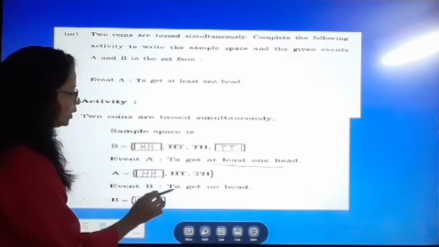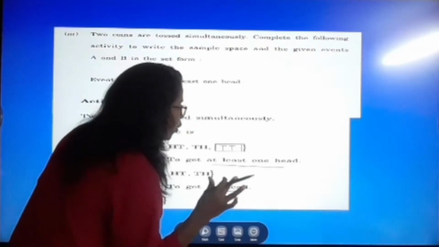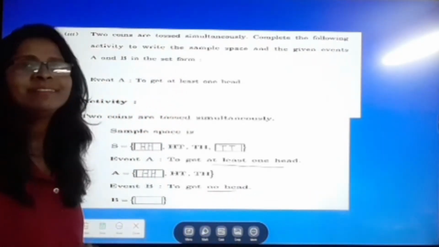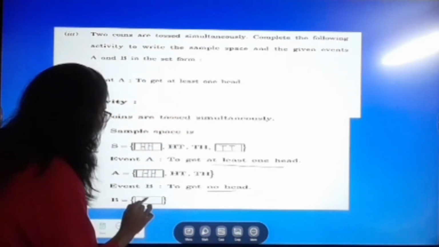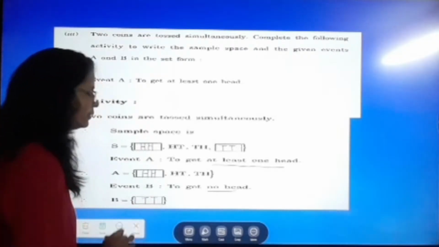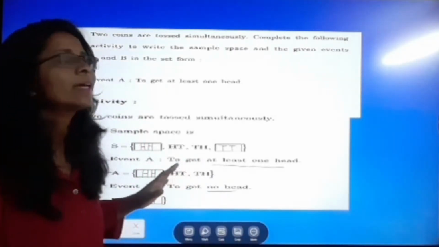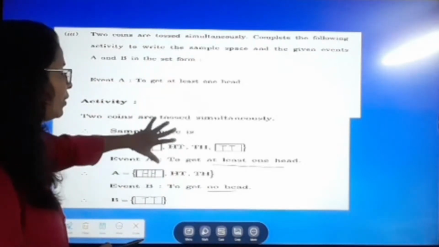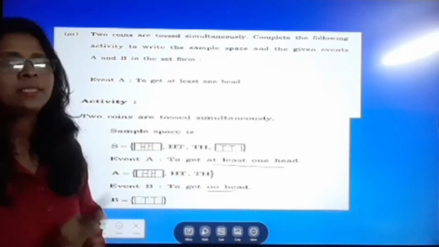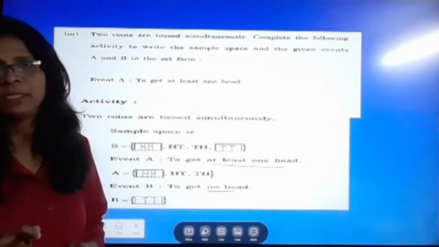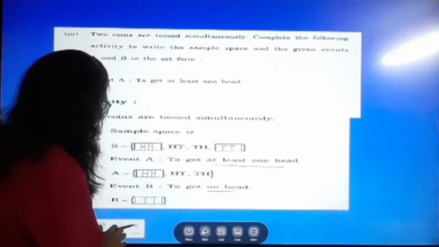Now event B, to get no head. That means students, B is equal to TT. In the TT there is no head. Okay, so it is the correct answer. So this way you have to fill up the blank spaces.